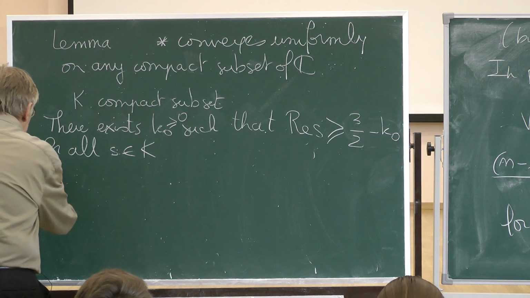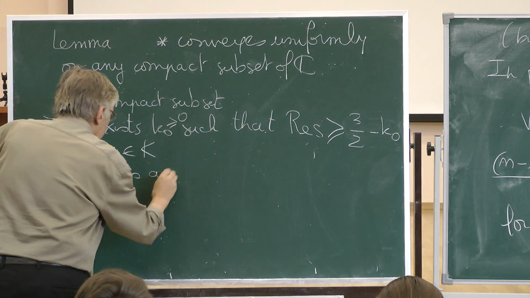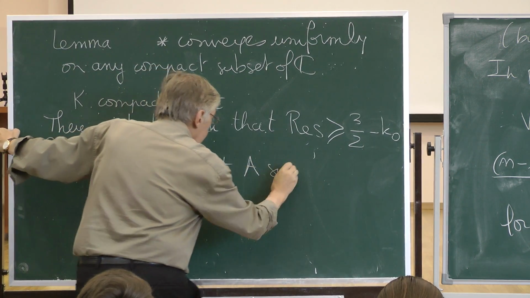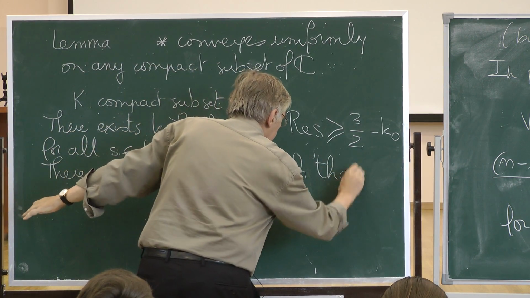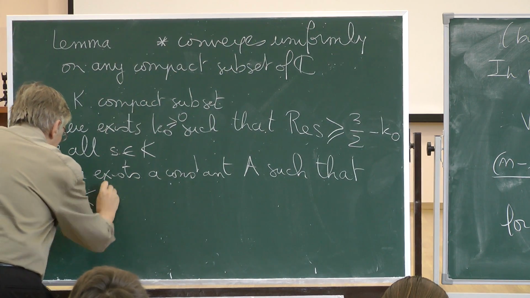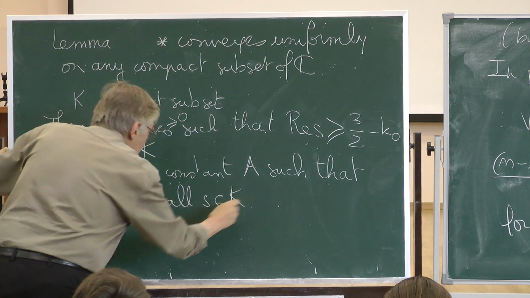And also, there exists a constant, capital A, such that the absolute value of s is bounded by capital A for all s in K. This is just because K is bounded.